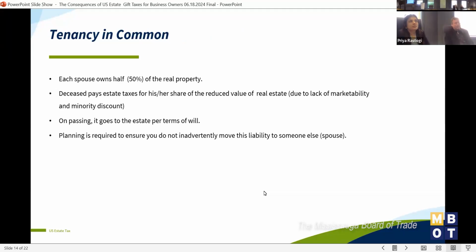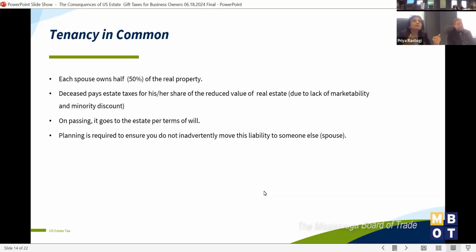So the next structure, which for individuals we are picturing, is tenancy in common, where each spouse owns 50% of the real estate or the real property. When we have the ownership structure in the form of tenancy in common, the deceased pays taxes only on the reduced value of the real estate, because now they owned 50% of the property.